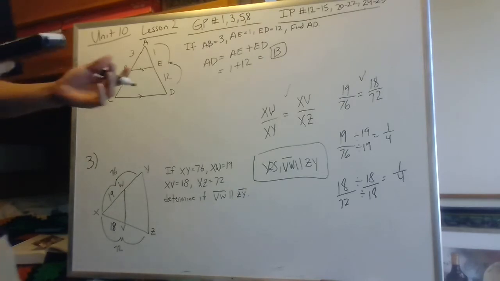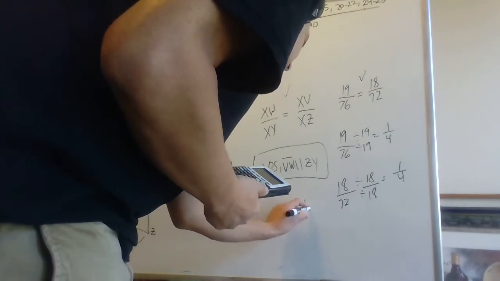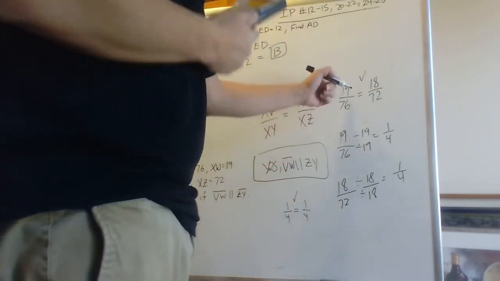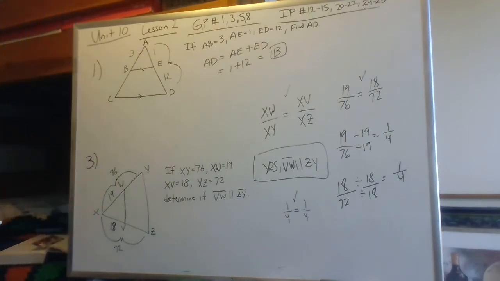And it's because 1/4 equals 1/4, and we proved it. So these two fractions or proportions equal each other. All right, so we are going to move on to problem 5 and 8 of the guided practice. I'll give you a second to write that down, and then we will move forward.